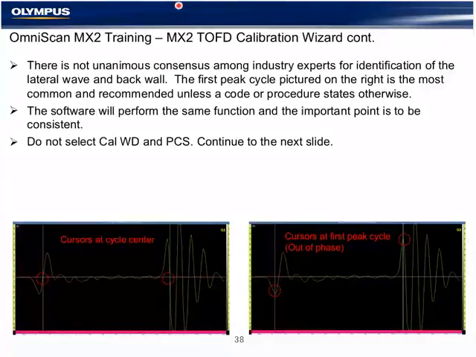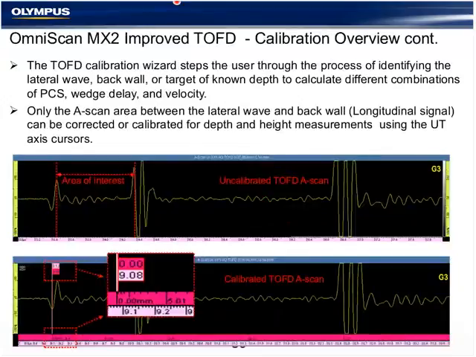We're going to identify our cursor position of the lateral wave and back wall in accordance with our procedure. There's not unanimous consensus on that, but the overwhelming majority of users are using the first peak and then the opposite first peak on the back wall. Full explanations of these are available in the downloads.